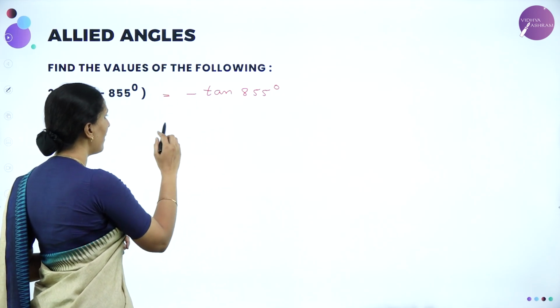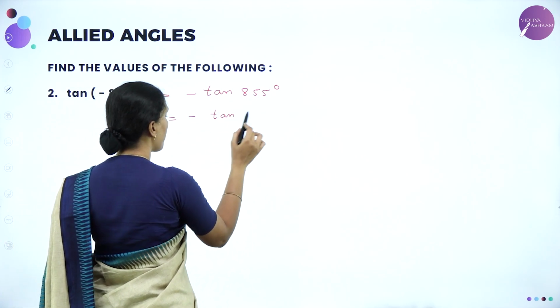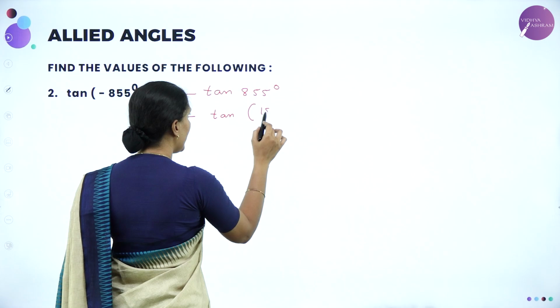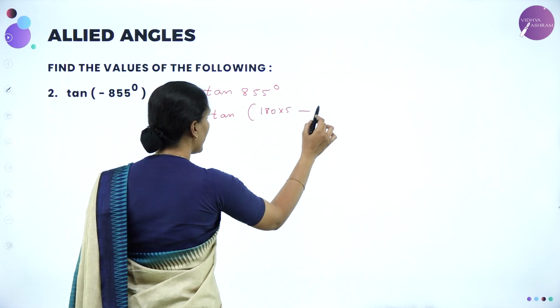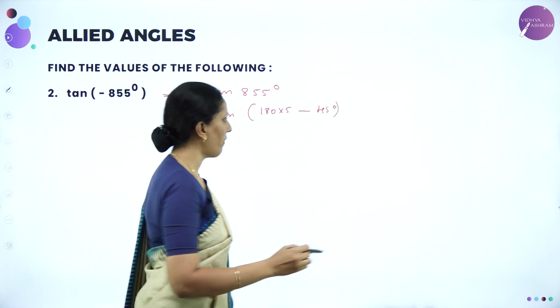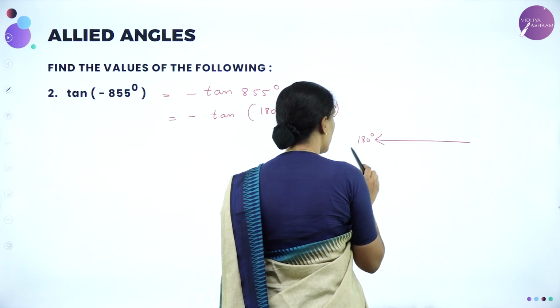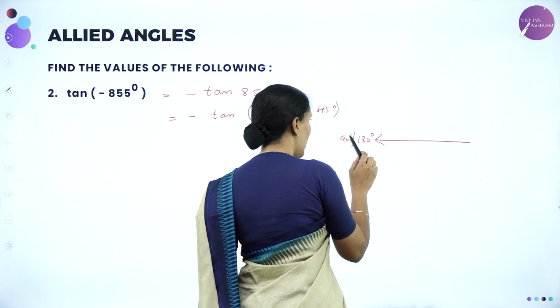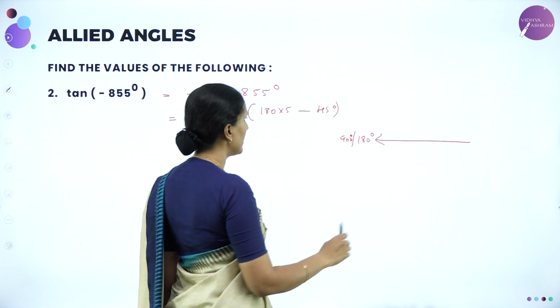This 855 can be written as tan of 180 into 5, which is 900, minus 45 degrees. Since this is a multiple of 180, 900 also comes here only after 5 rotations. So therefore here it is the same.